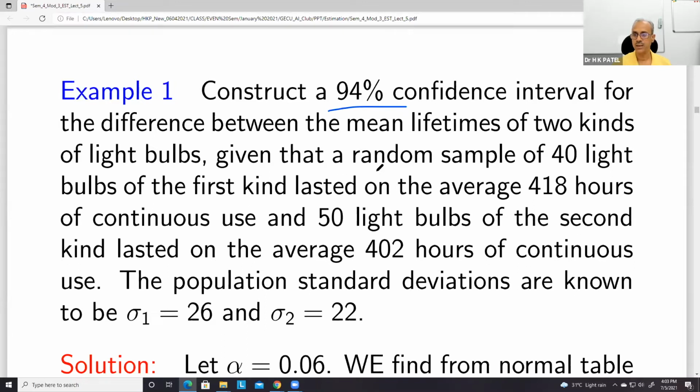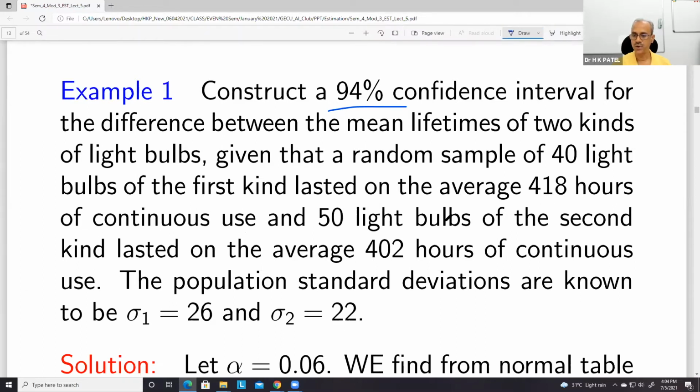Given that a random sample of 40 light bulbs of the first kind lasted on the average 418 hours of continuous use, and 50 light bulbs of the second kind lasted on the average 402 hours of continuous use. The population standard deviations are known to be sigma 1 and sigma 2.